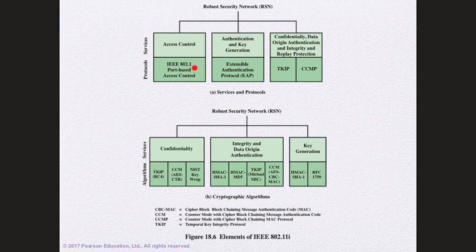So for the 802.1X port-based access control, right? This is what's used as part of the RSN, the 802.11i, okay? I think this is 802.1X. It should be either 1X or 1.1. I don't know why it's written this way. I'll double check it, okay?